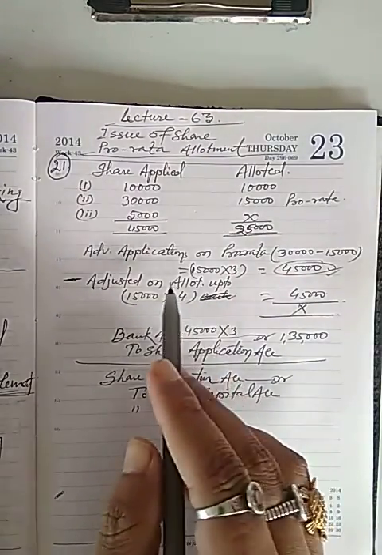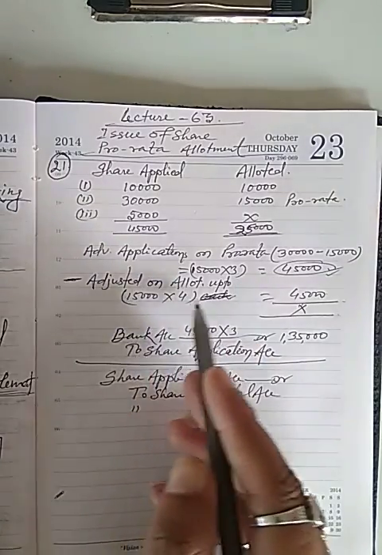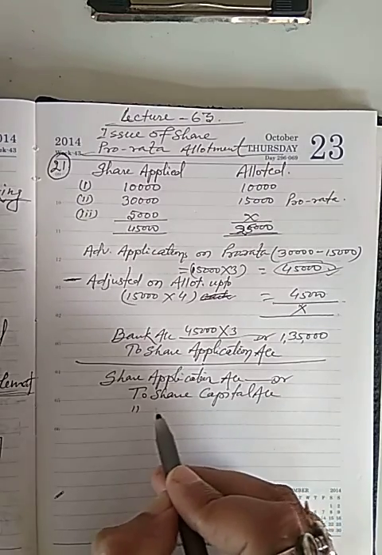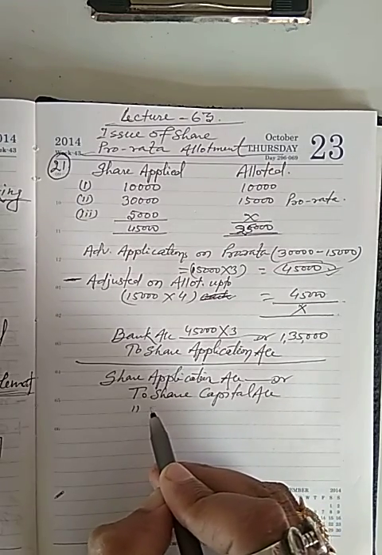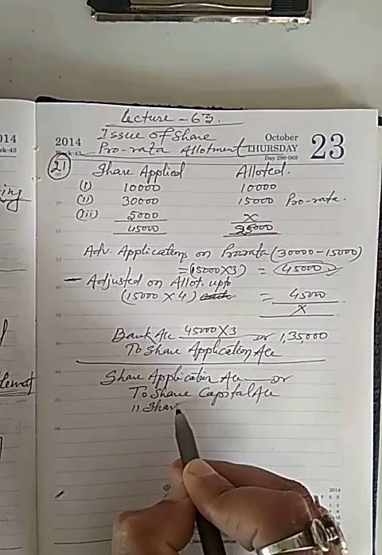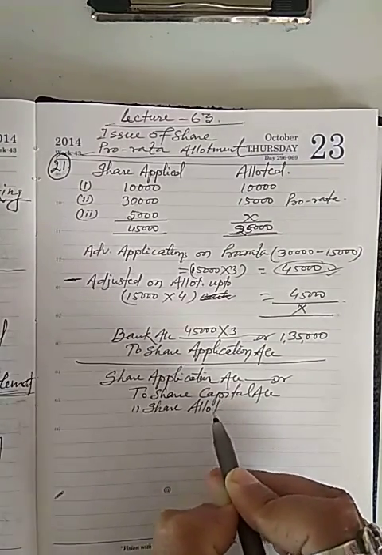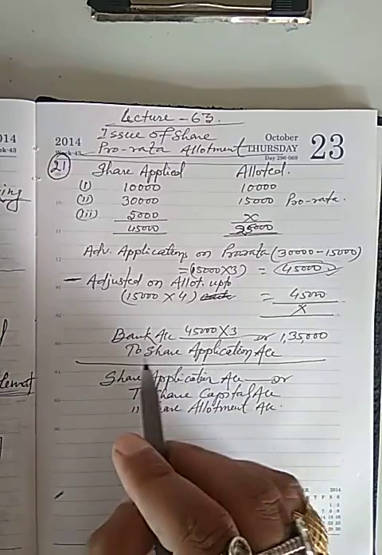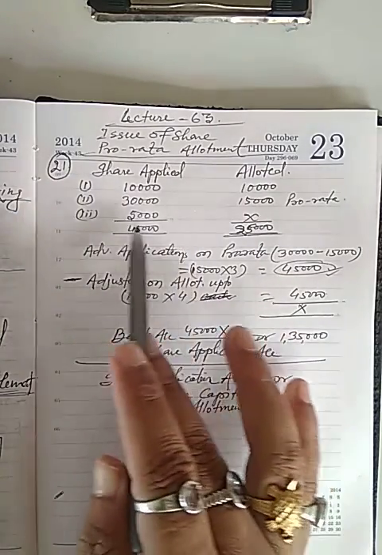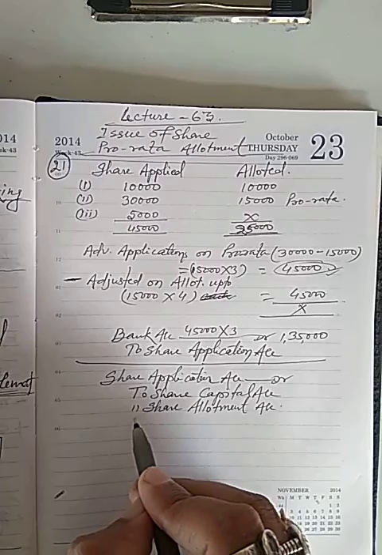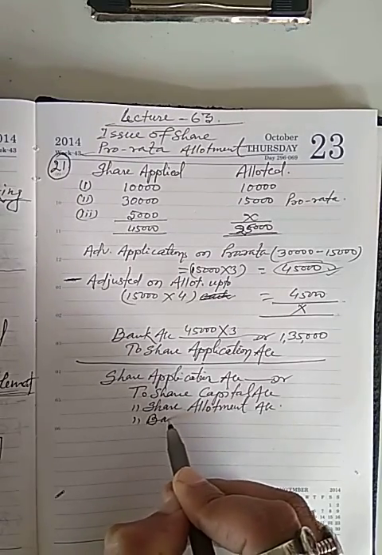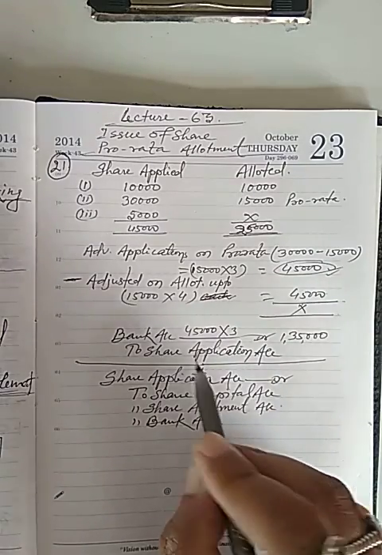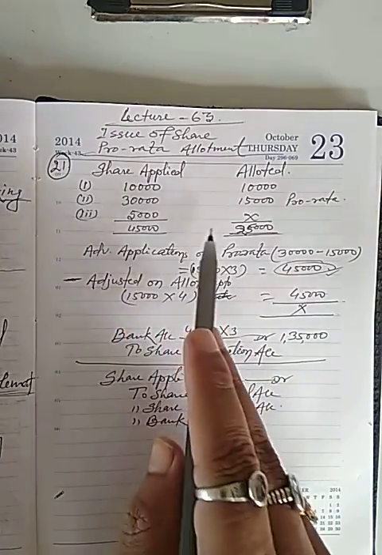and when I adjust the excess 15,000 shares' money on allotment, the journal entry will be to share allotment account also, and I will also refund the 5,000 shares' money, so it will be credited to bank account rupees 15,000.